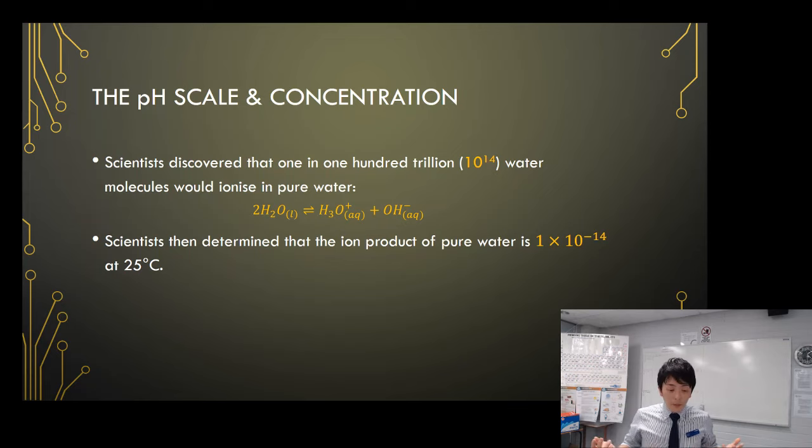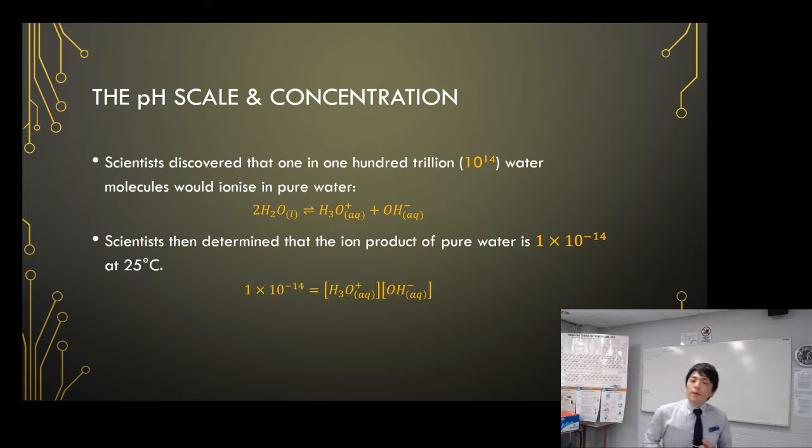They then determined that the ion product of pure water is always 1 times 10 to the power of negative 14. It is a small number, but at 25 degrees Celsius, at room temperature, that is always the case.